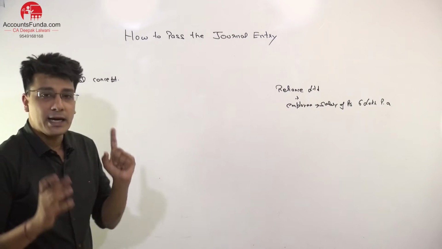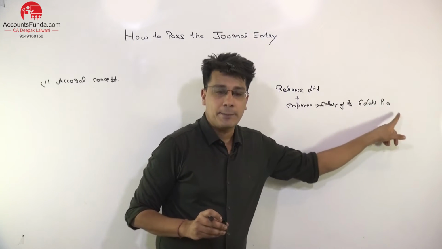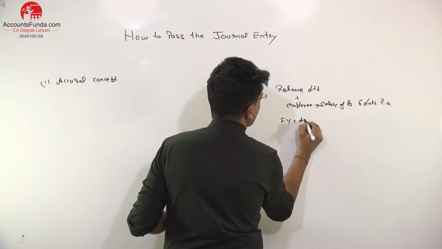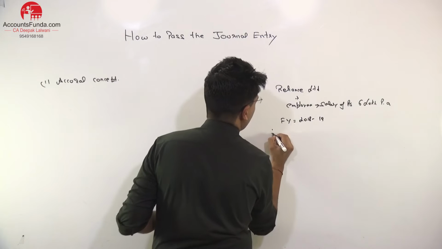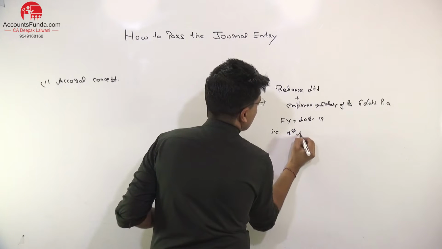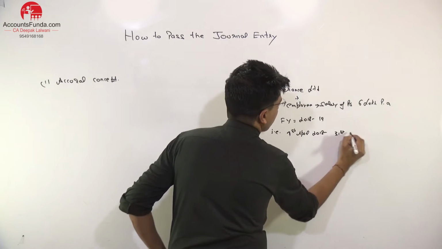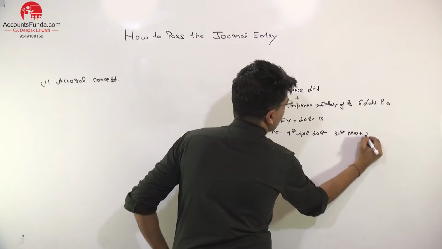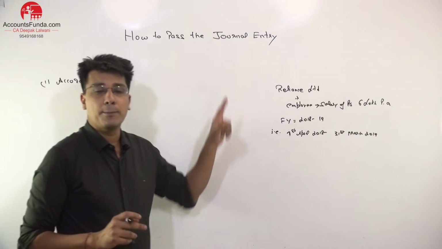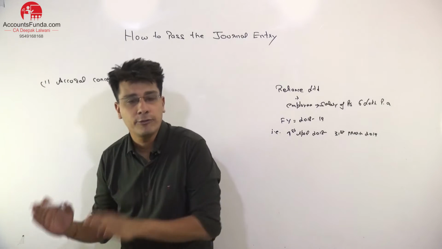So the company has hired one employee at an annual salary of rupees 6 lakh per annum, and we are talking about the financial year 2018-19, that is 1st April 2018 to 31st March 2019. So in the case of Reliance Limited, the employee has worked in the company for the whole full year.